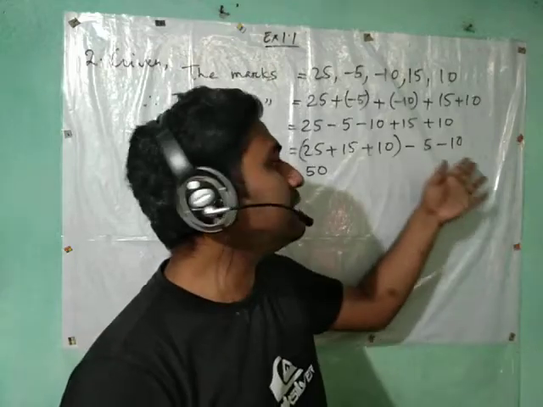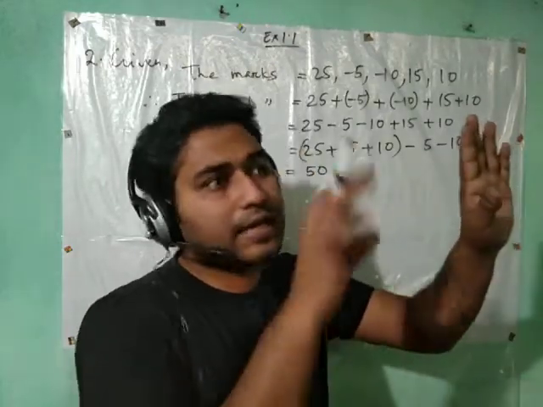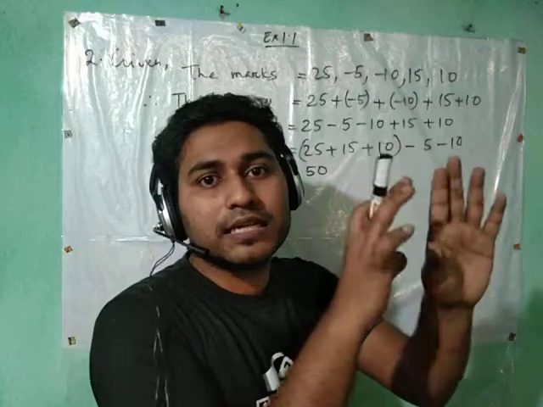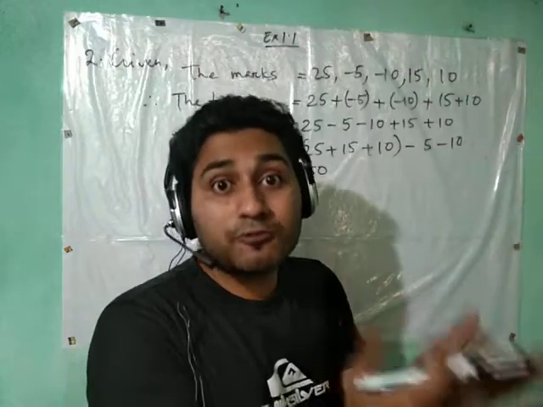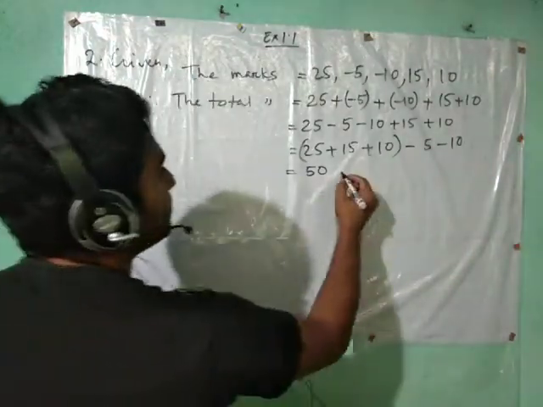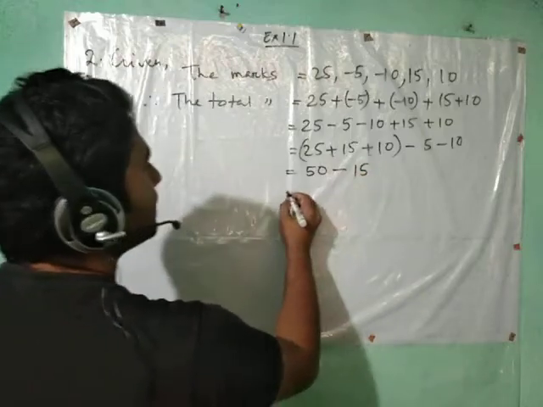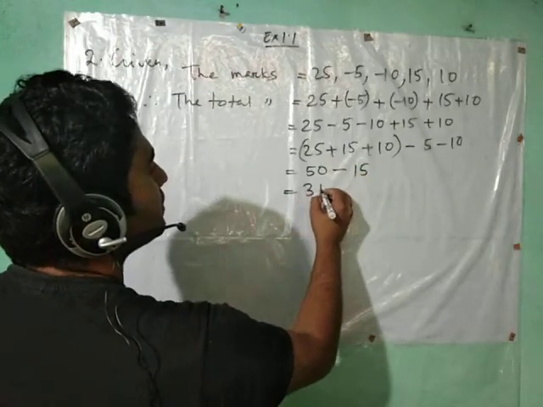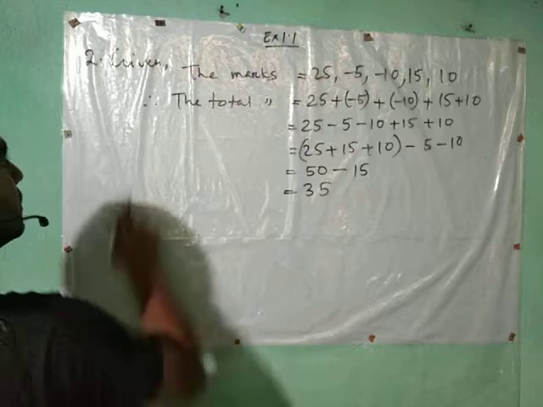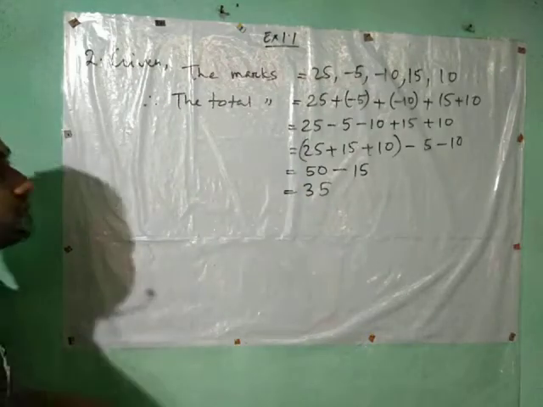So how many negatives will there be? One is 5 and another is 10. The total negative is 10 plus 5, that means 15 negative, that means -15 will be there. So how much will the answer be? That is +35. So this is your answer for question number 2.